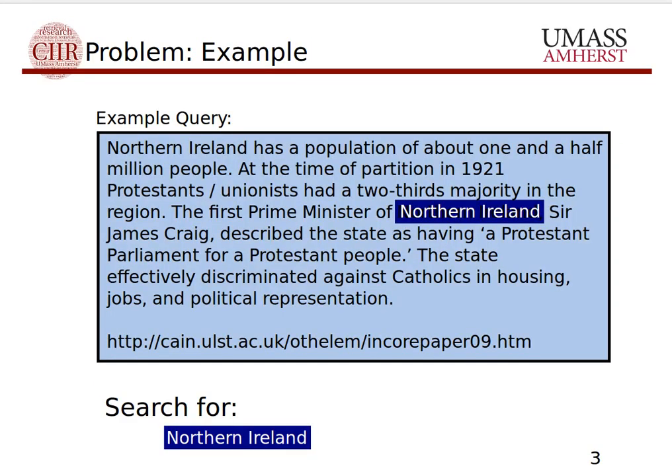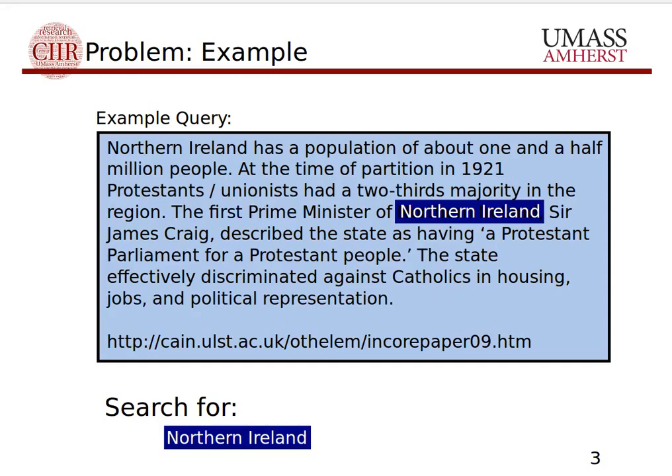So here's an example query. Here's some text on Northern Ireland talking about a time in 1921 where there were some contentions between Protestants, also called Unionists, and Catholics. And there was a prime minister, actually the first prime minister of Northern Ireland, whose name is Sir James Craig, and he described the state as having a Protestant parliament for the Protestant people.